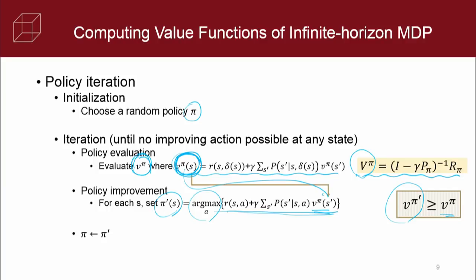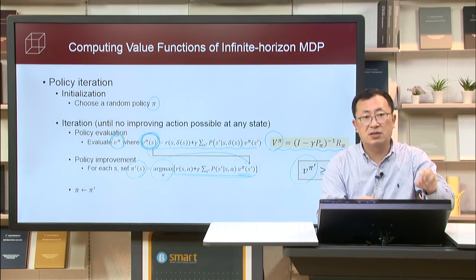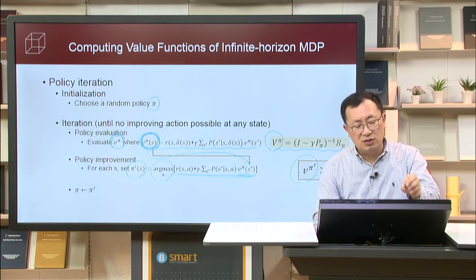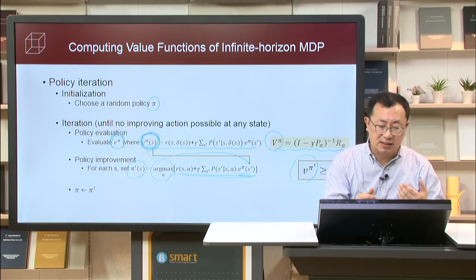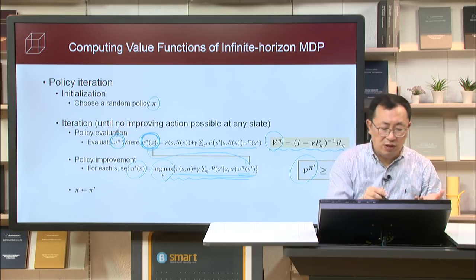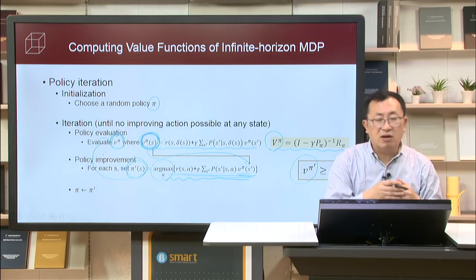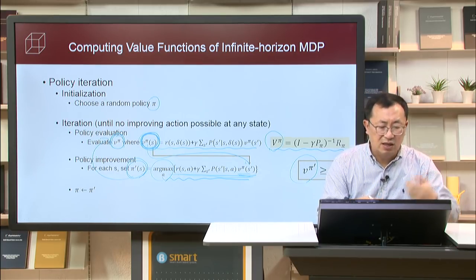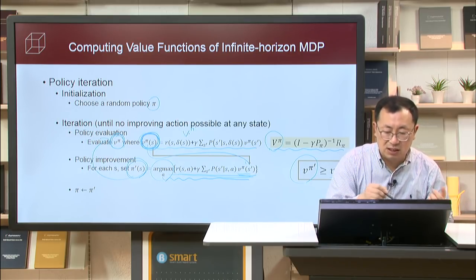So you just alternate two steps. With the initial policy pi, you do the policy evaluation step and get the value of pi, and then by using the value of pi, you obtain the updated policy based on the Bellman optimality equations. With this updated policy pi prime, you evaluate again to get the value of pi prime.